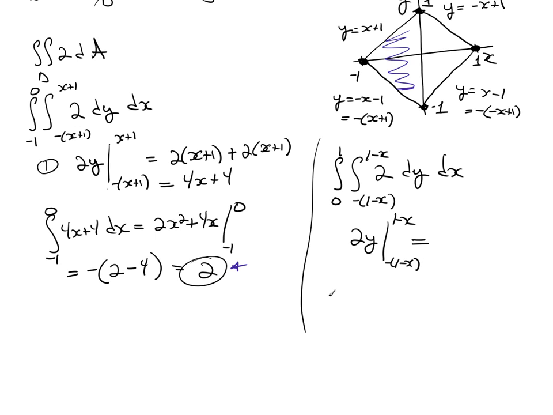That is going to give me 2 times 1 minus x minus 2 times negative 1 minus x, but I have a double negative again. So that's going to give me 2 minus 2x plus 2 minus 2x.